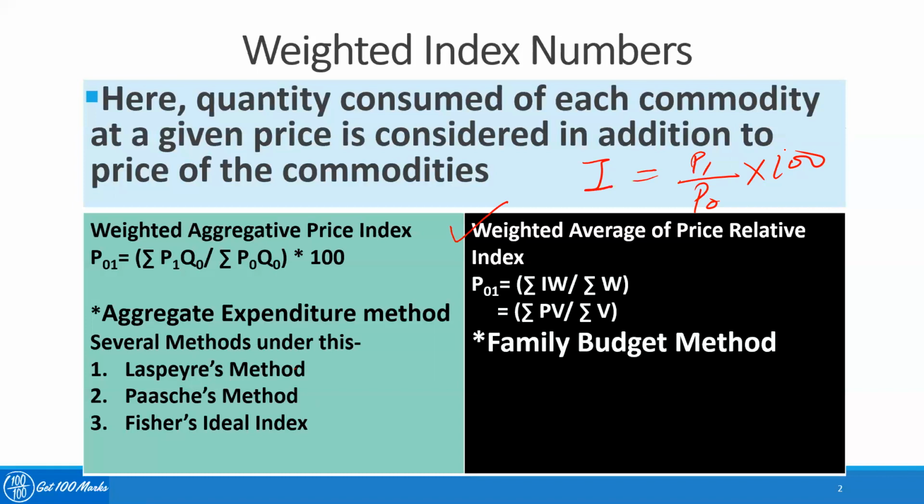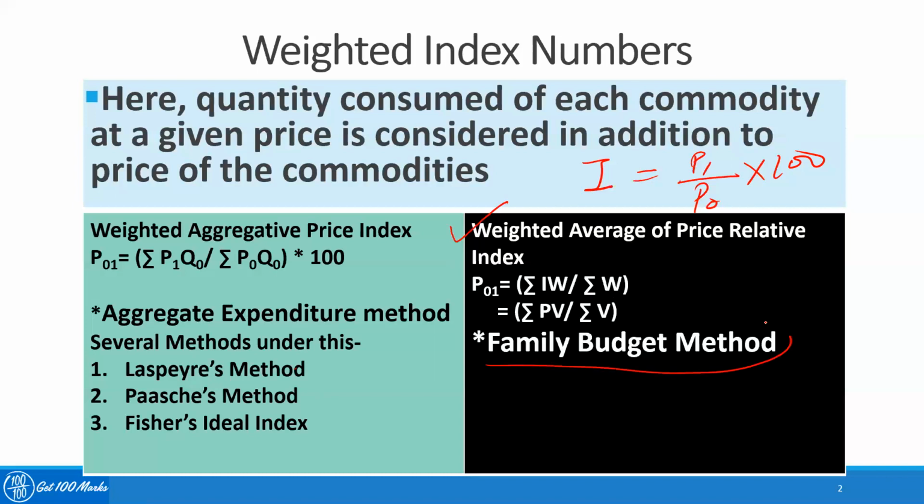The only exception is that here each and every price relative I is multiplied by the value weights. What do we mean by weights? Weights are either given in the question or found by multiplying the prices and quantities of the respective commodities. Then we find summation IW divided by summation W, and you will find the price index in that method.